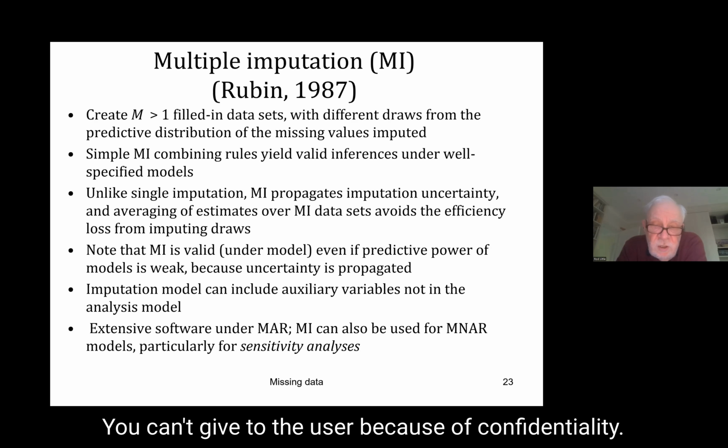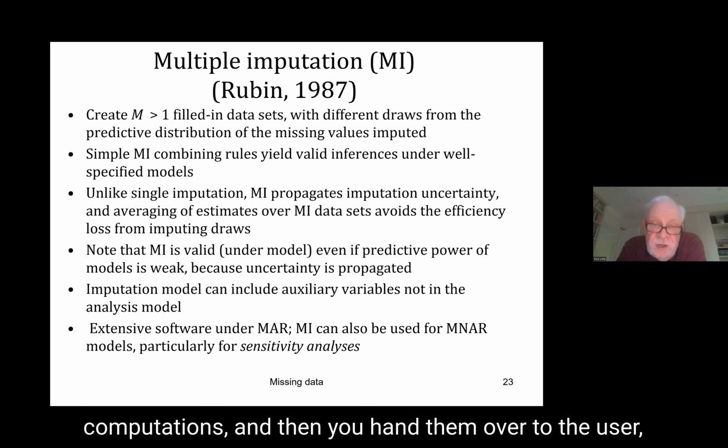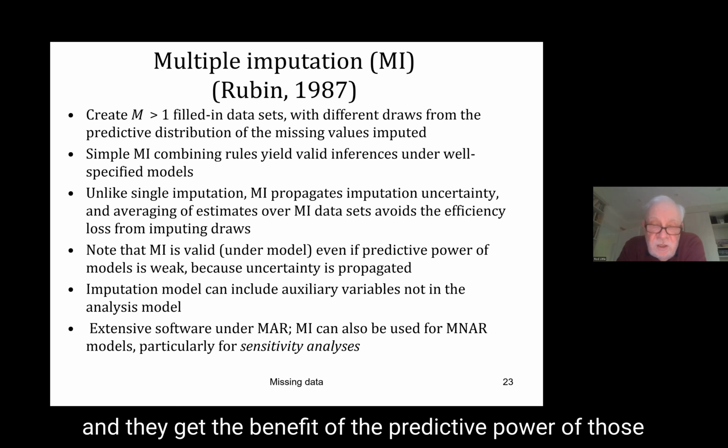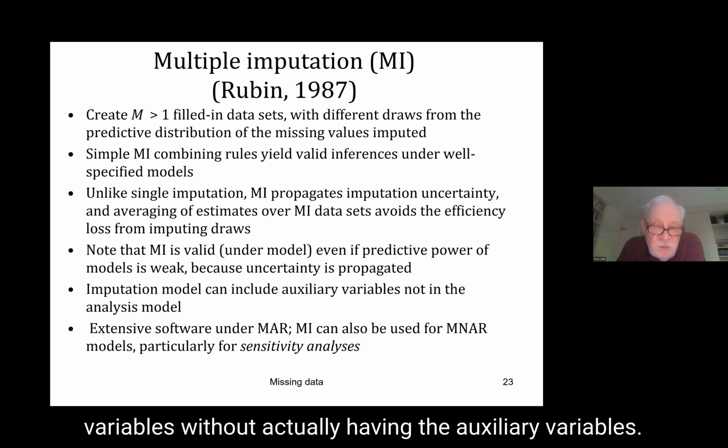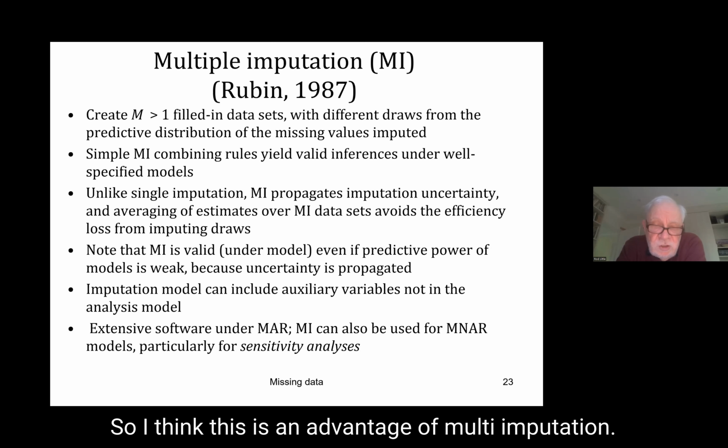Those variables can be used to create the multiple imputations, and then you hand them over to the user, and they get the benefit of the predictive power of those variables without actually having the auxiliary variables. There are other situations where it's useful to have an imputation model that differs from the analysis model. So I think this is an advantage of multiple imputation.